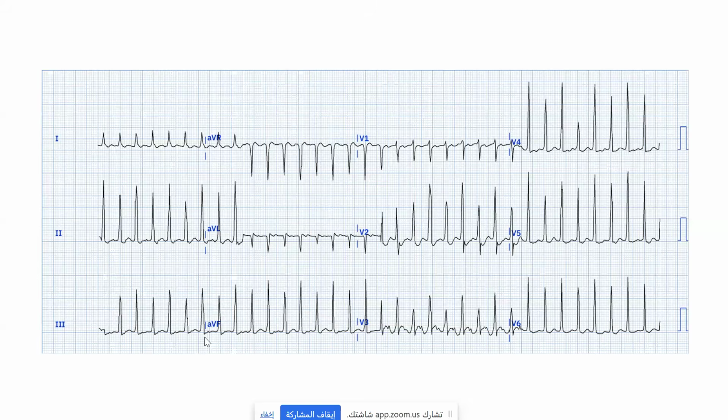It's okay. By the way, all of the ECGs are real ECGs, not from the internet. Maybe one or two, but all of the ECGs are real ECGs. Anyone?